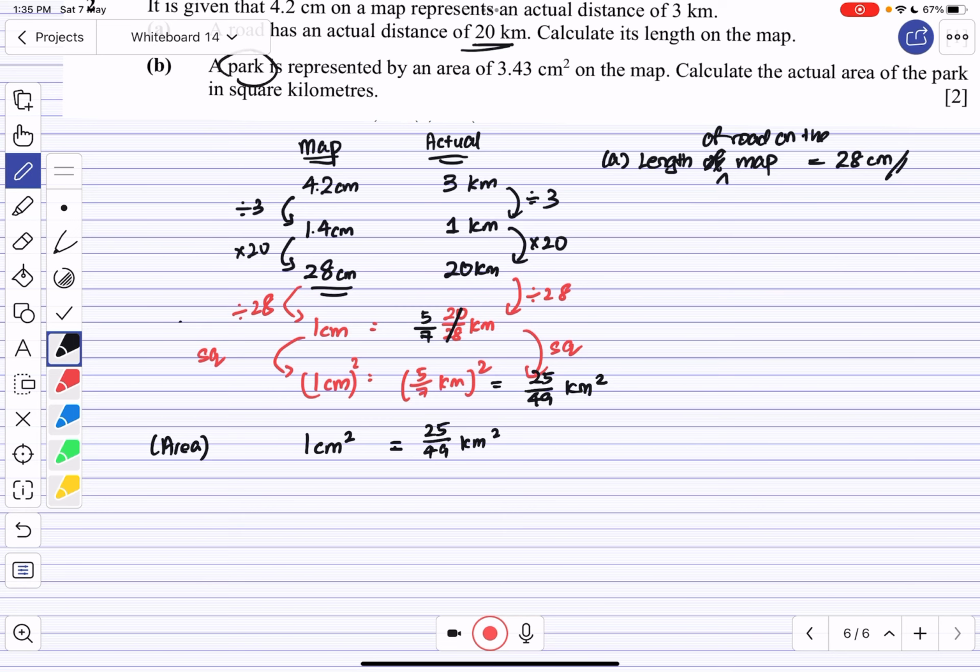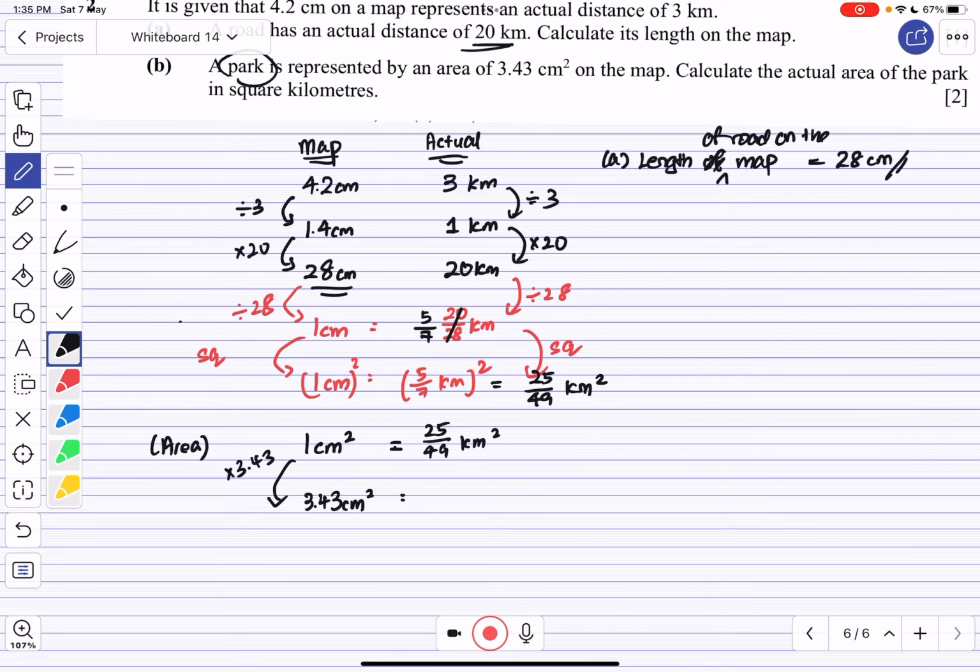Okay, so multiply this by 3.43, since I know that the park represents 3.43 cm square. I take 25 over 49 and multiply by 3.43.